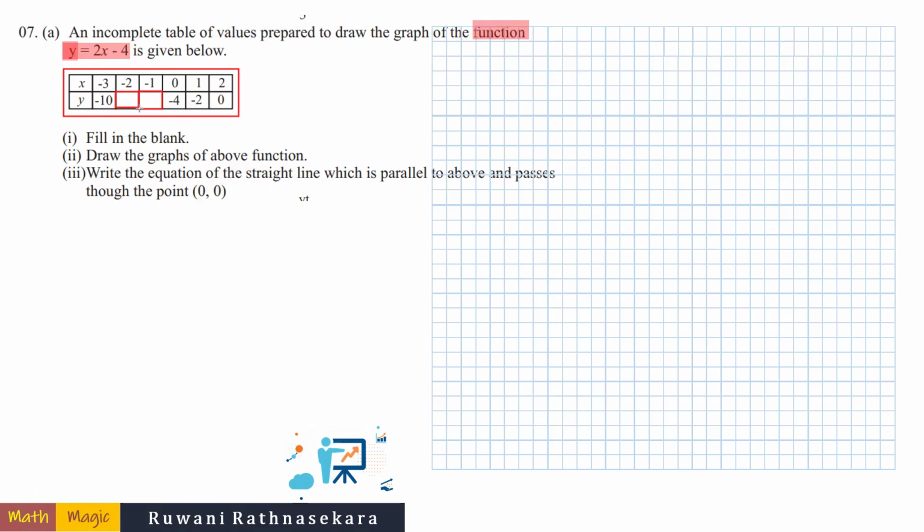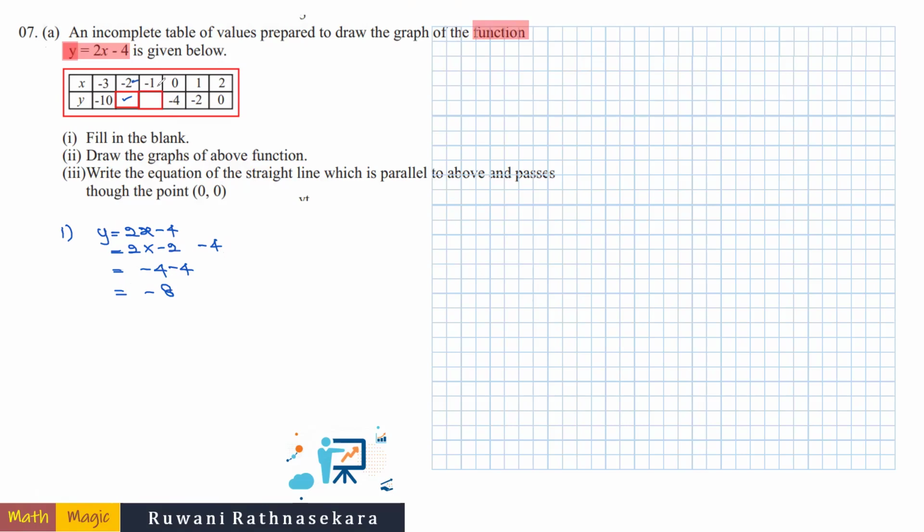Since y is given as 2x minus 4, we'll learn this next week. We'll find what y is when x is minus 2 this way. Roman number 1, this is substitution. Y is equal to 2x minus 4. If x is minus 2, it should be 2 times minus 2 minus 4. 2 times minus 2 is minus 4. Minus 4 minus 4 is minus 8.